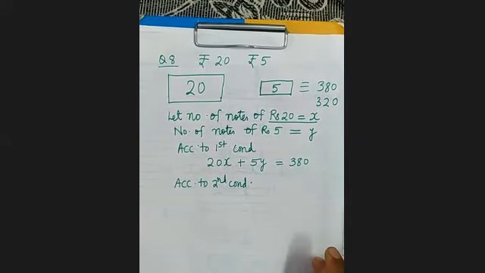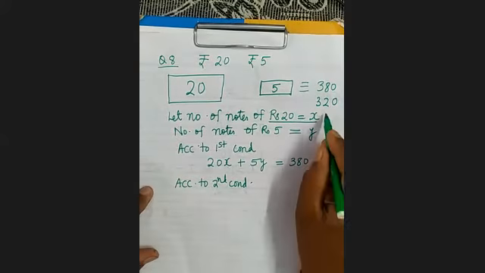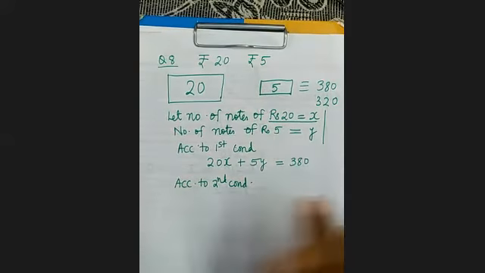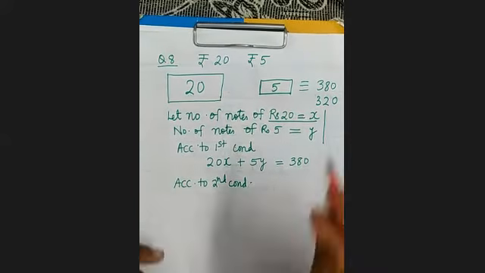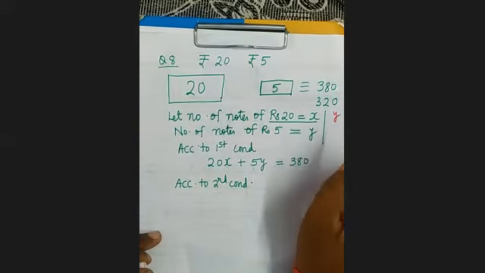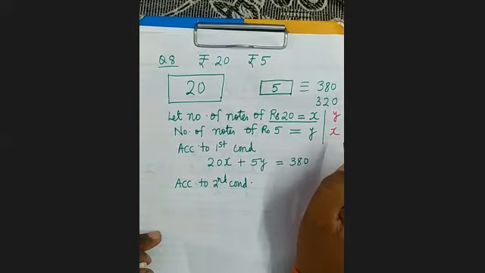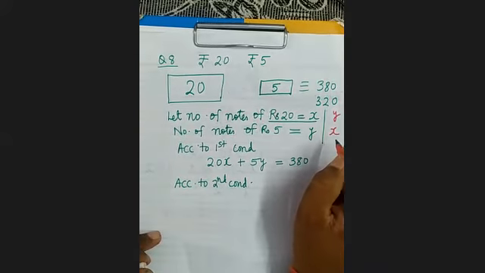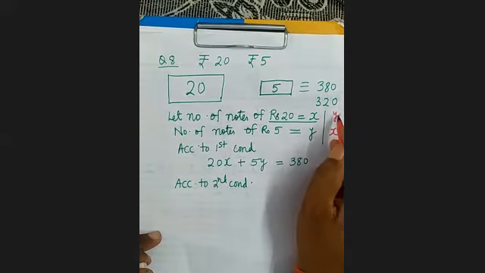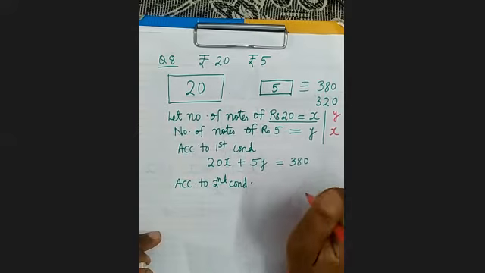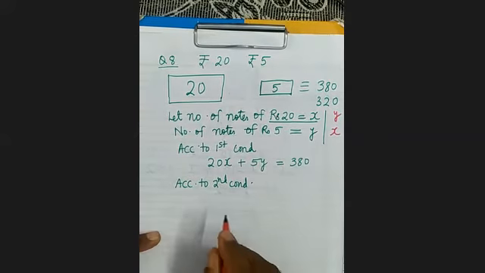Now, in the second condition, it is given that there are y notes of ₹20 and x notes of ₹5. So what will this be?